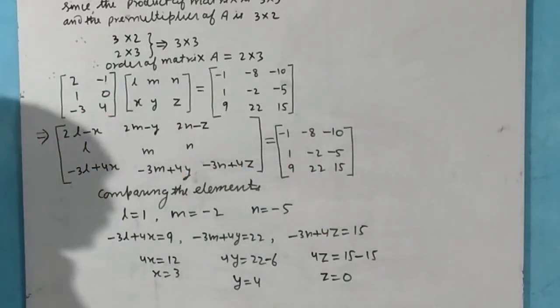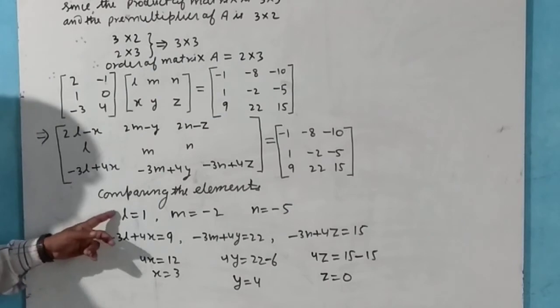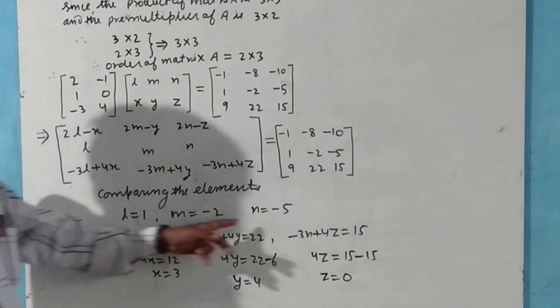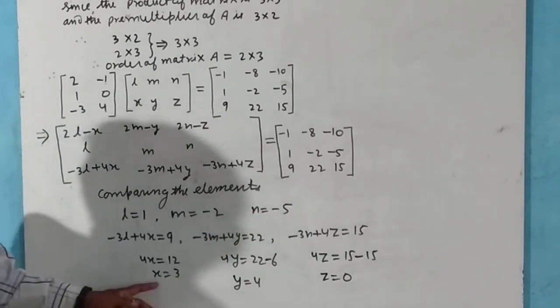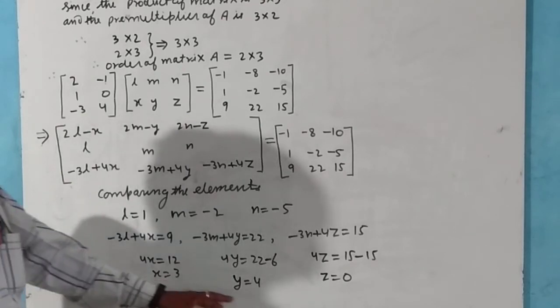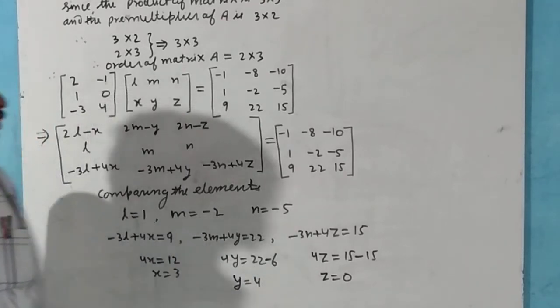Now we have the values: L equal to 1, M equal to minus 2, N equal to minus 5, X equal to 3, Y equal to 4 and Z equal to 0.